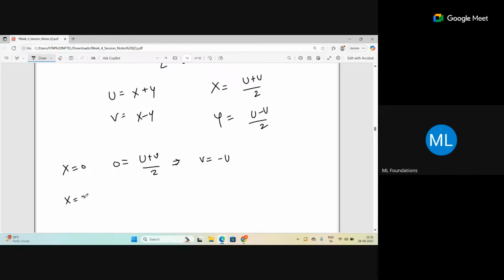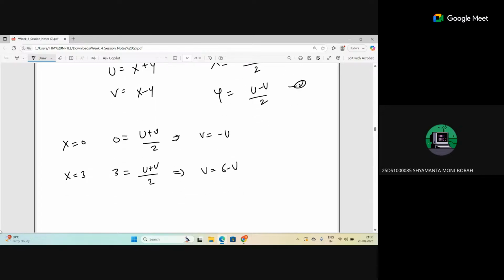And when x equal to 3, this will be 3 equal to (u plus v) by 2. So in that case v equal to 6 minus u.